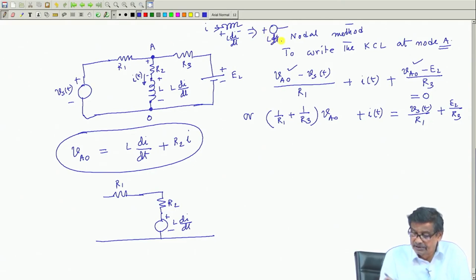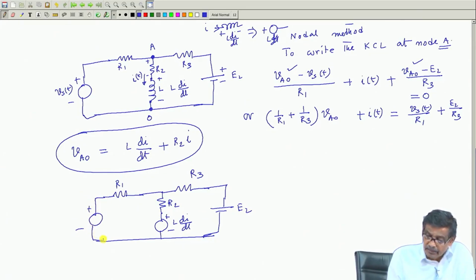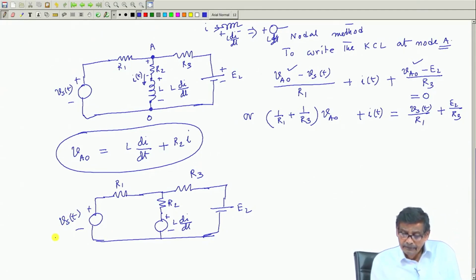That is what I have done here. This was R3, this was your E2. So, this is your supply voltage, which is like this. Therefore, you treat it as a source, but what is this I? I is this current.